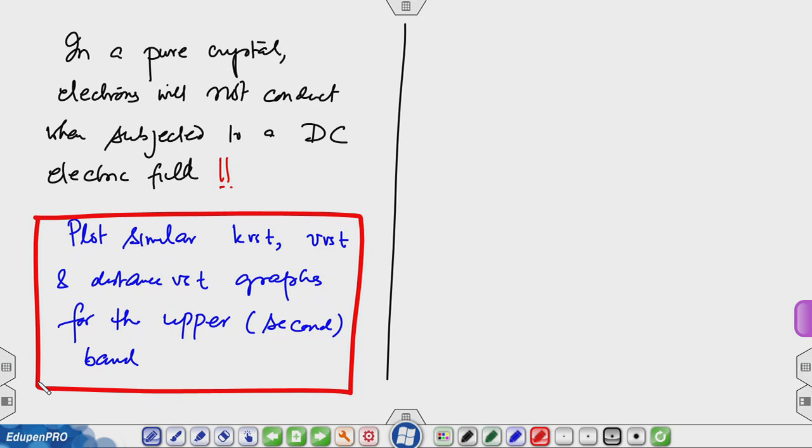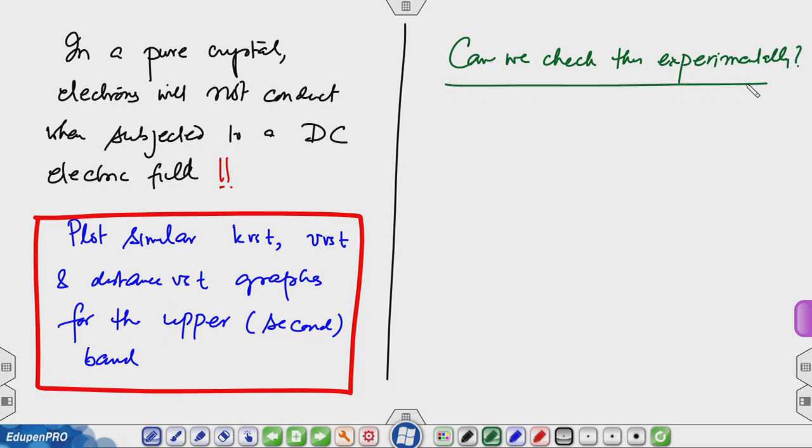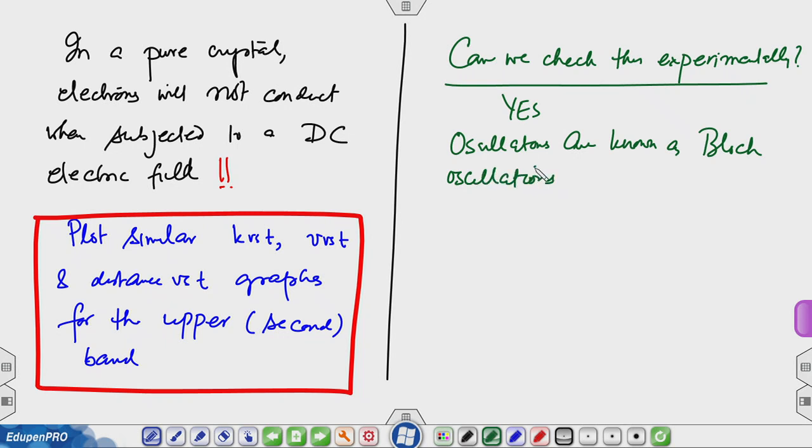Now, can it be checked? The question is, can we check this experimentally? The answer is yes. Oh, by the way, these oscillations are known as Bloch oscillations.